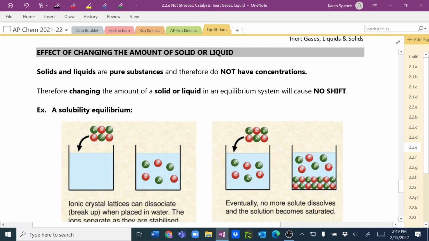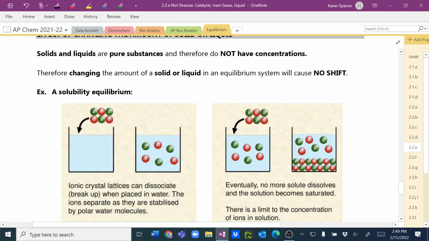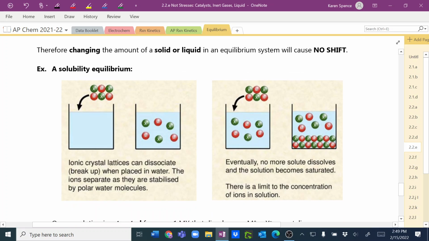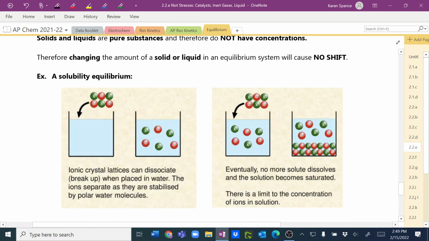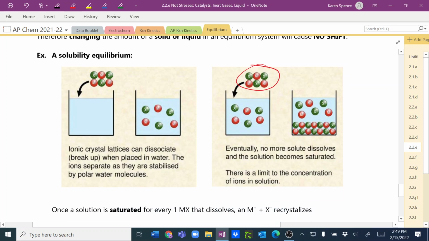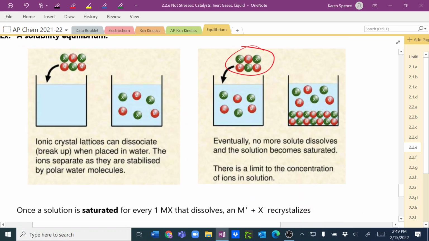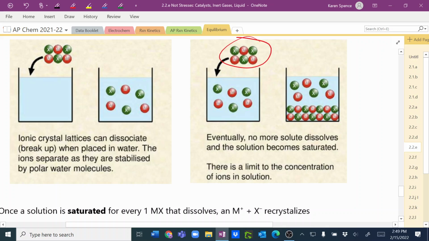So here is a solubility equilibrium. Ionic crystals, when you dissolve them in water, they break apart, okay? And if we keep adding more solid, eventually we'll get to the point where we have a saturated solution. It's full of as much solute as possible.